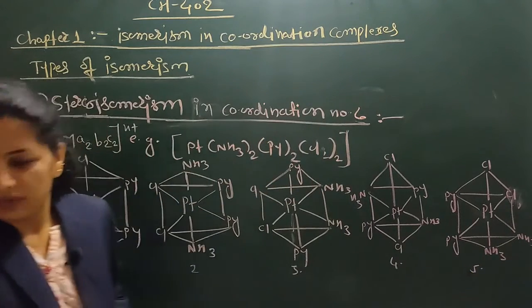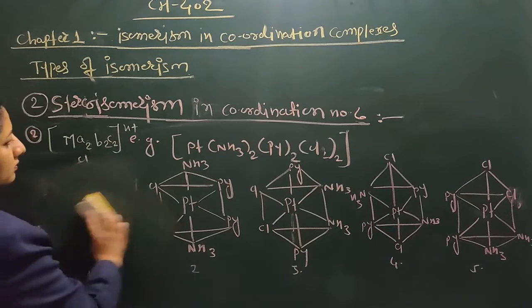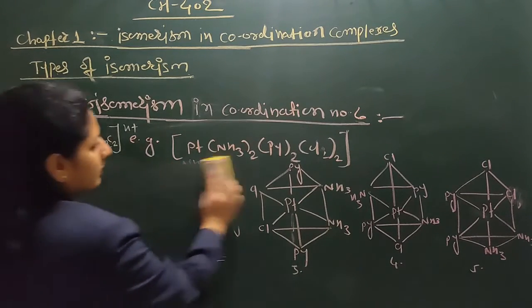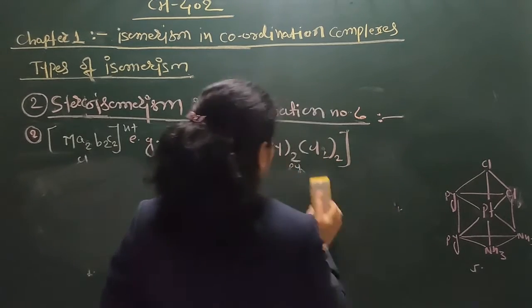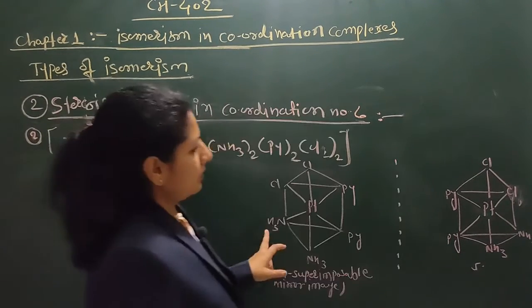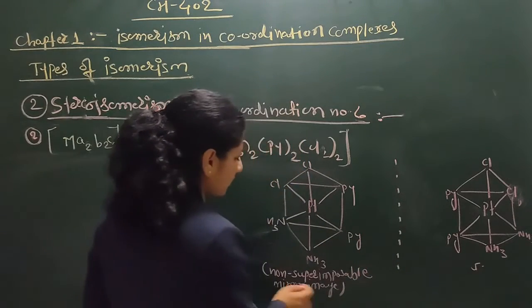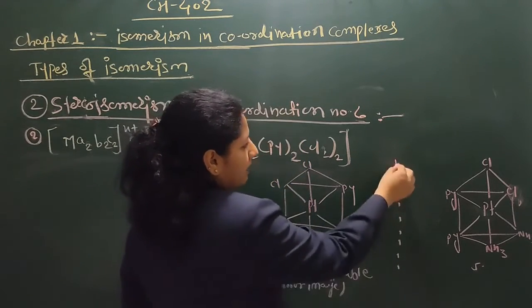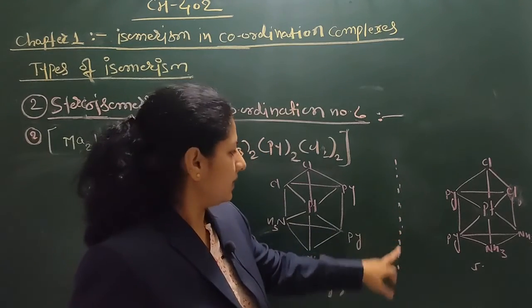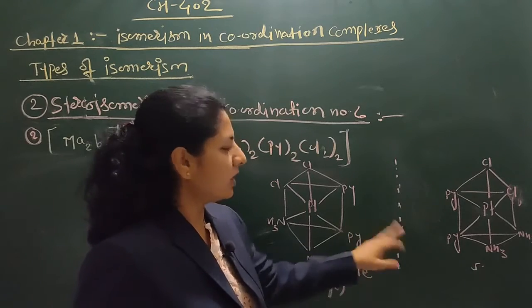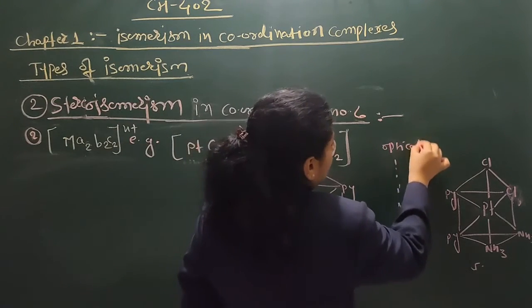So here the 5th isomer shows optical isomerism. If we pass a plane, or if we see the mirror image of that, this will be the other isomer. So these 2 show optical isomerism.